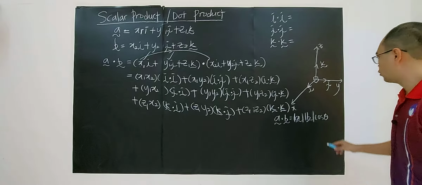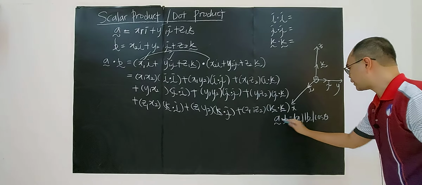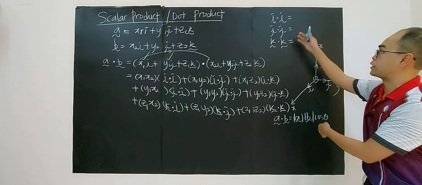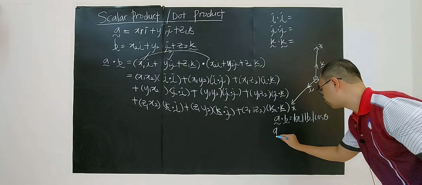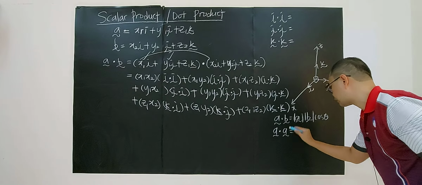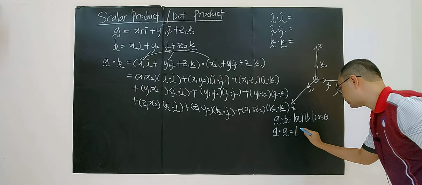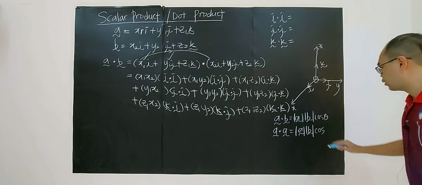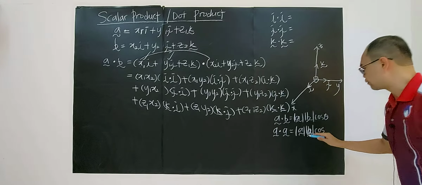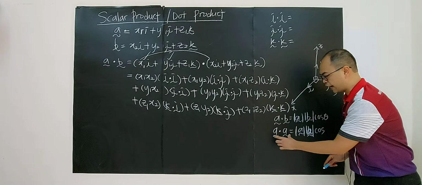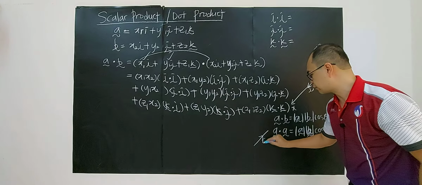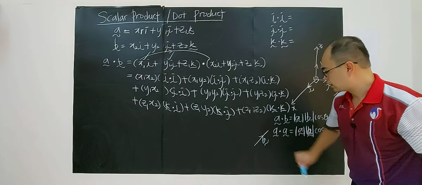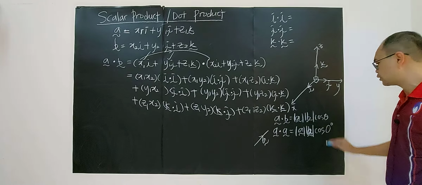What happens if the two vectors are parallel, or in this special case identical? If vector B becomes A, identical, the angle between the two identical vectors, which coincide on the same line, will be 0 degrees.